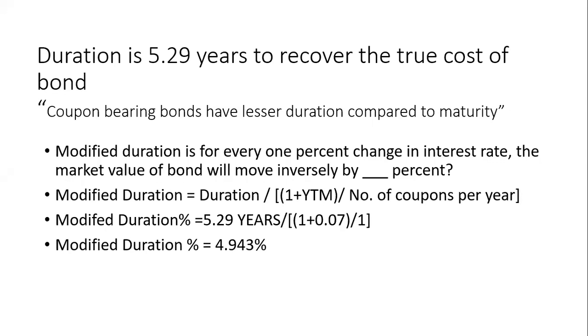They have lesser duration compared to the maturity of bond. Here the maturity of bond is 6 years and we got the duration of 5.29 years. So this is a proof which is saying that plain vanilla bond, that is coupon bearing bond, is having lesser duration compared to the maturity.